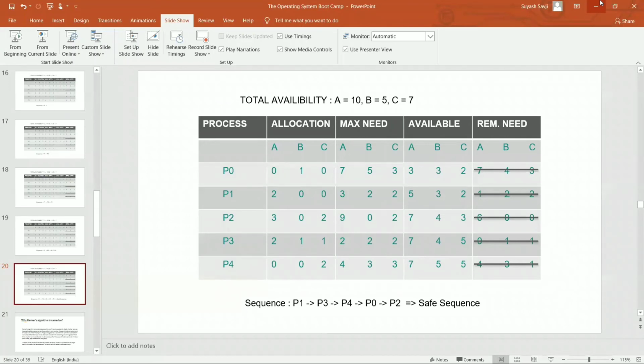We had n equal to 5, that is 5 processes, and we are assuming the same thing because all the processes are ready to get executed at the same time. We have 5 processes, P0 to P4, m equal to 3, that is 3 resources A, B, C, and it is the same thing.